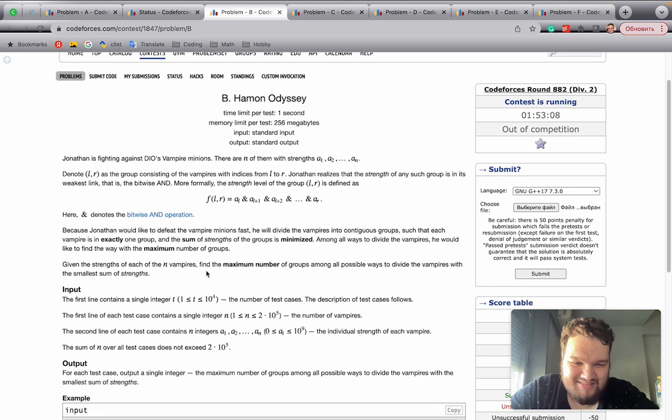It looks like the whole setting is more or less the same. We again want to split it into a number of segments, although the number of segments is not specified now. Continuous groups. Okay.